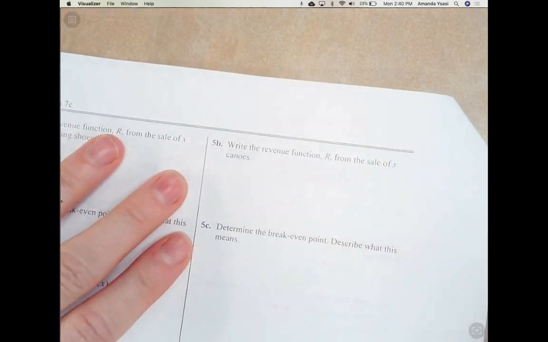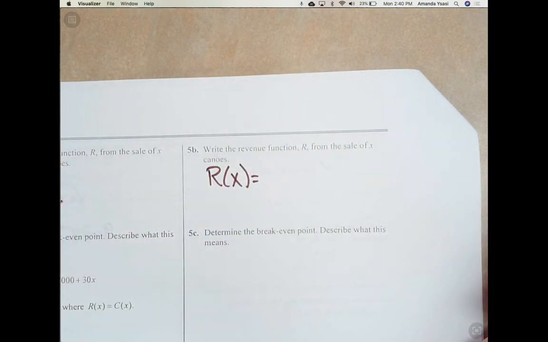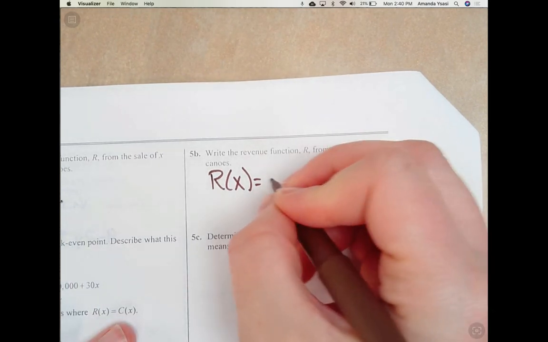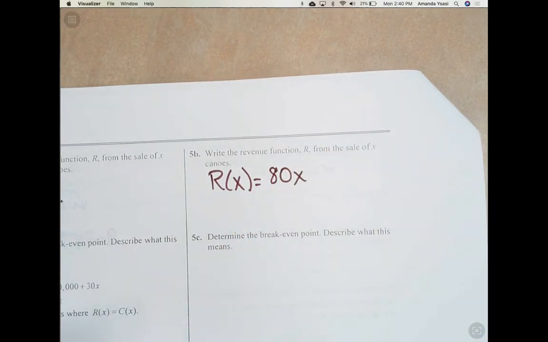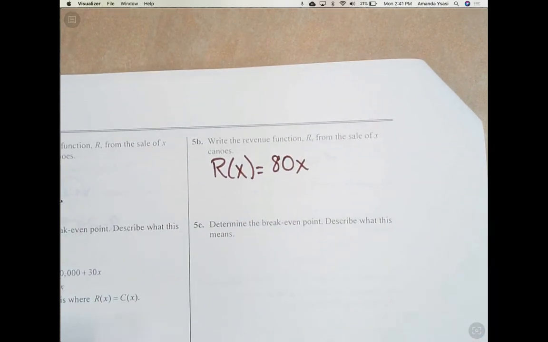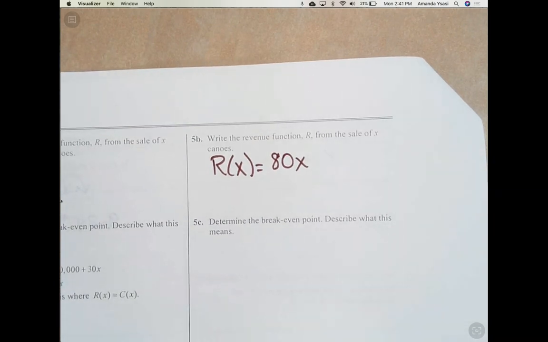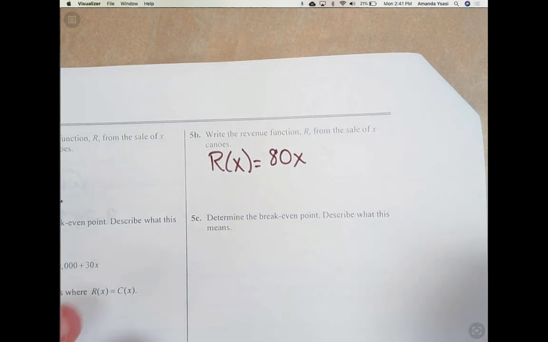Okay, the next page gives us a spot to do our revenue function, R of X. How much does it sell for? It'd be 80X. And to break even, we would set the cost and the revenue equal to each other because we want the cost to equal the revenue, so we don't have a loss and we don't have a profit.